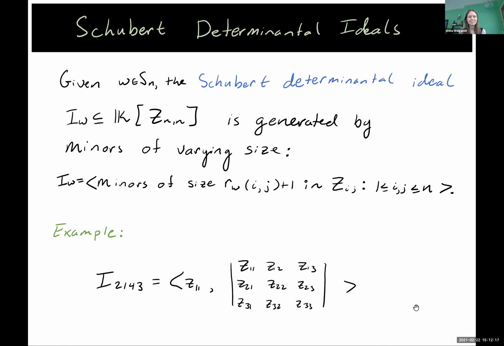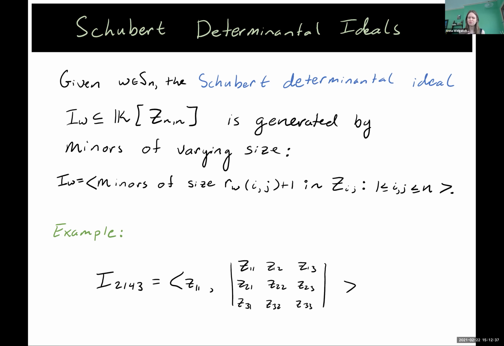And so matrix Schubert varieties are defined by a whole bunch more determinantal conditions. So now you can have determinants of varying size. I'm not going to really get into the weeds of this definition, but you should know that this presentation of the ideal actually has way more conditions than you need.